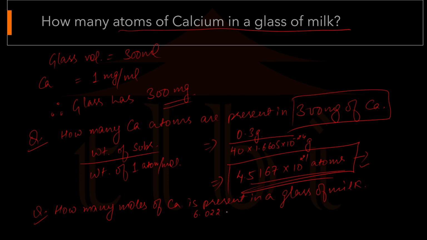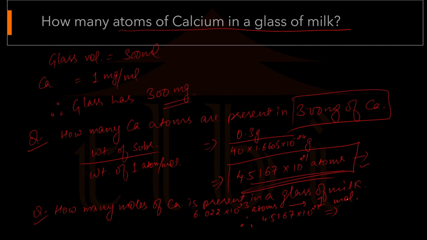So you have 6.022 into 10 power 23 atoms, that is 1 mole, right? Therefore 4.5167 into 10 power 21 will be how much?